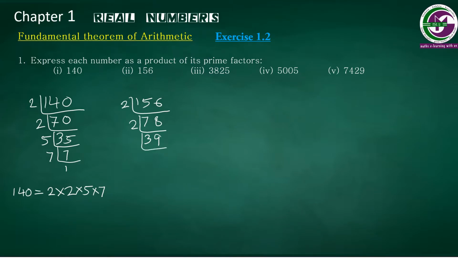So 39 is a multiple of 3. So you can write 3 here. It is 13, and 13 is a prime number. So we'll write 13 here. So 156 can be written as 156 equals 2 times 2 times 3 times 13.